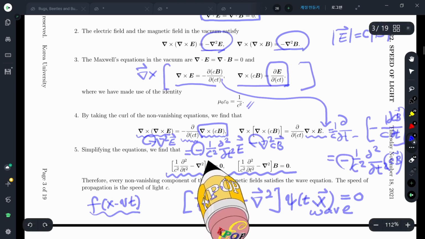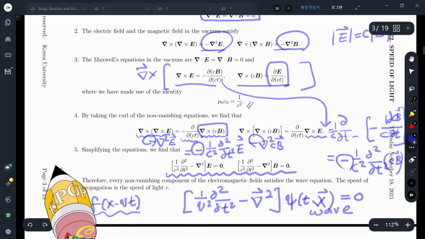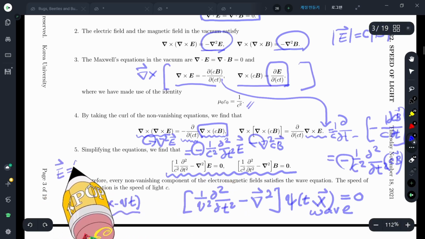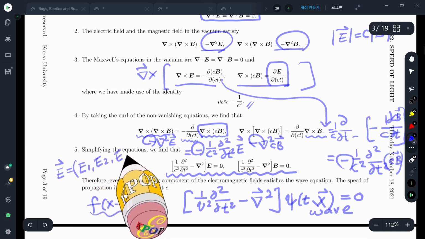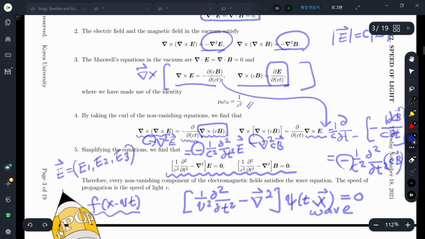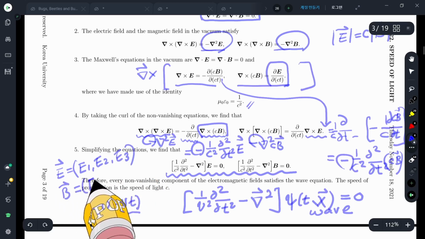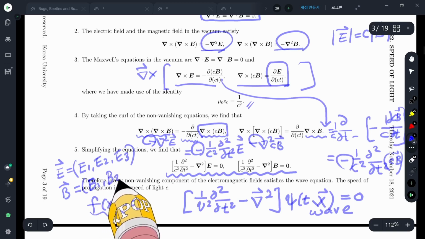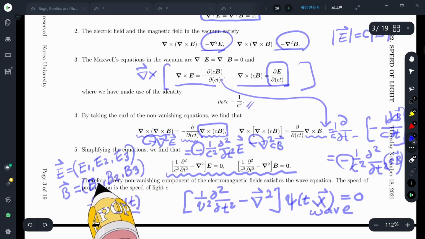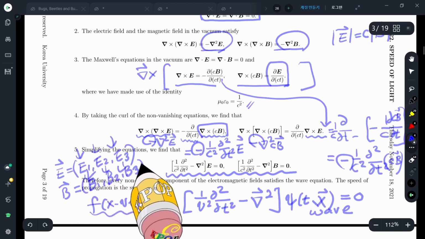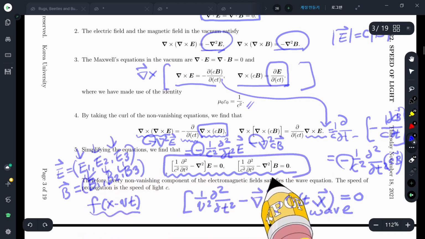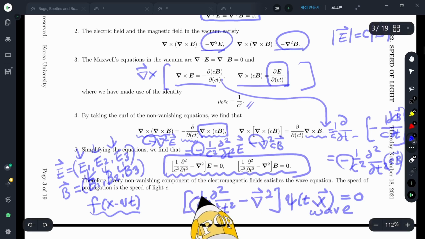Here, we have the electric field that is composed of three components, x, y, and z components. The magnetic field also has three components. Every component satisfies the wave equation, and this v is the speed of the wave.